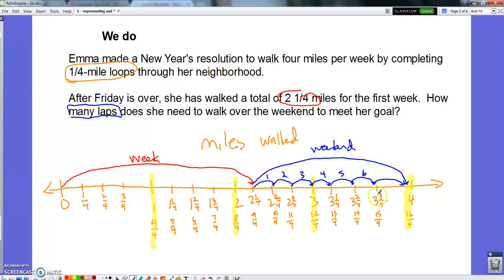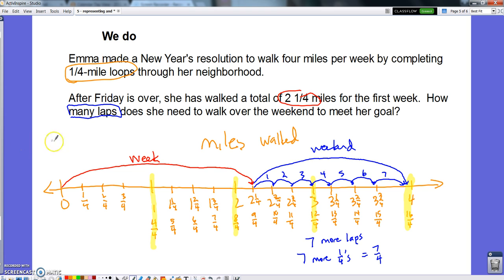Since we divided this into fourths, because a lap is 1/4 of a mile. So from my number line, now I can tell to get to her goal, she's got to do 7 more laps, or 7 more 1/4. If you want to think about it, 7/4 more miles is 7 more laps. And that's how the number line can help us do that.